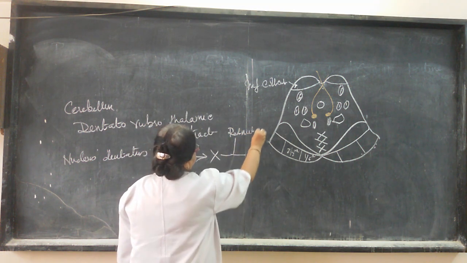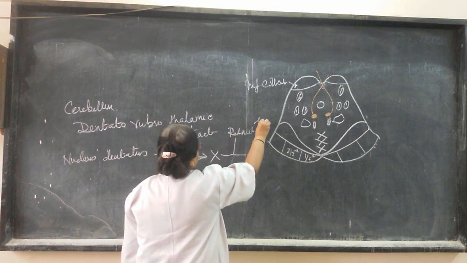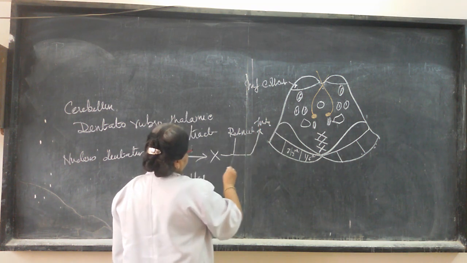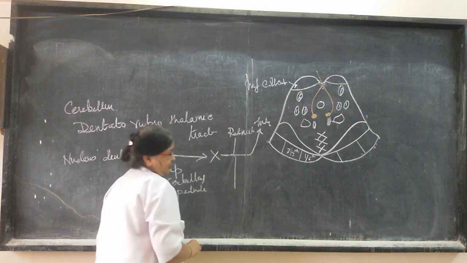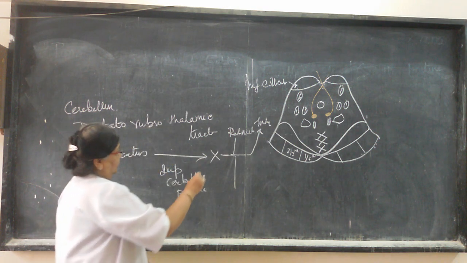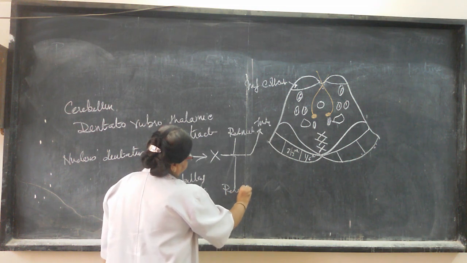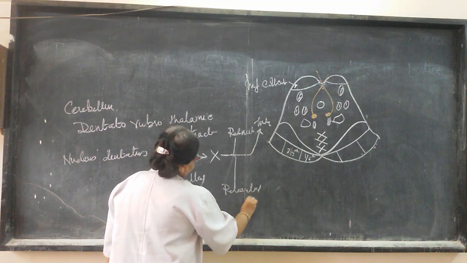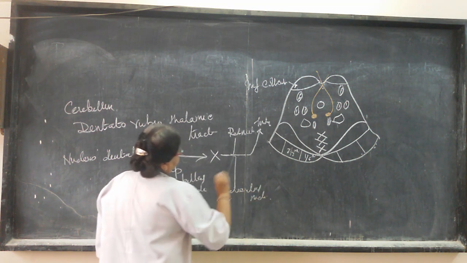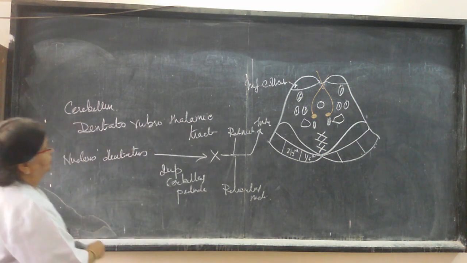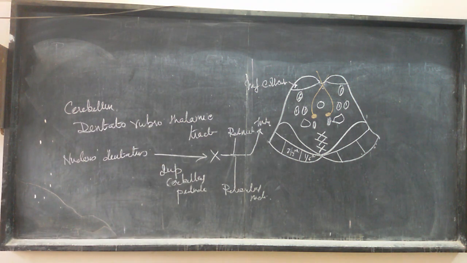Some of the fibers go to thalamus. The fibers which descend down end in reticular nuclei. This is the dentatorubrothalamic tract.